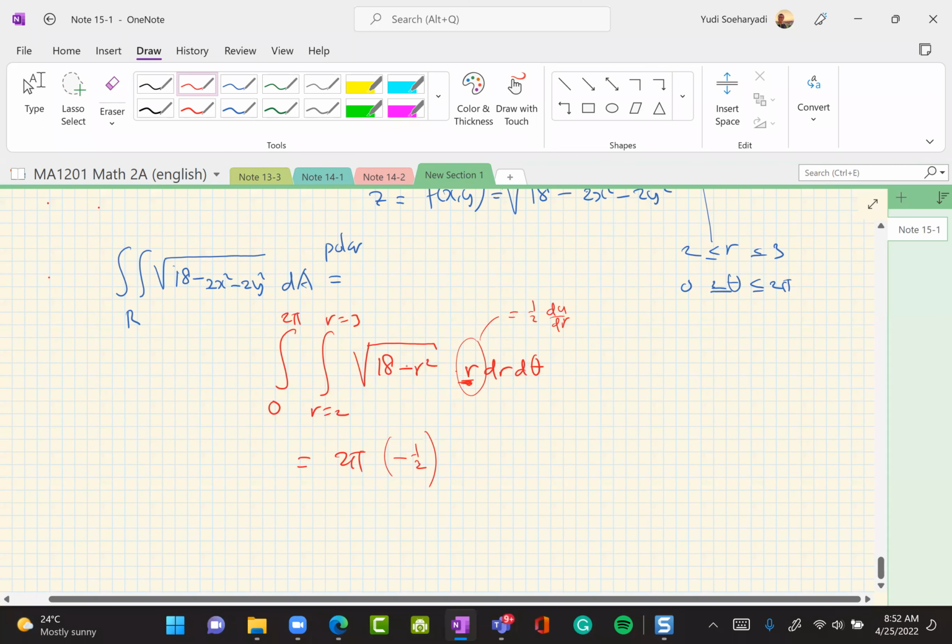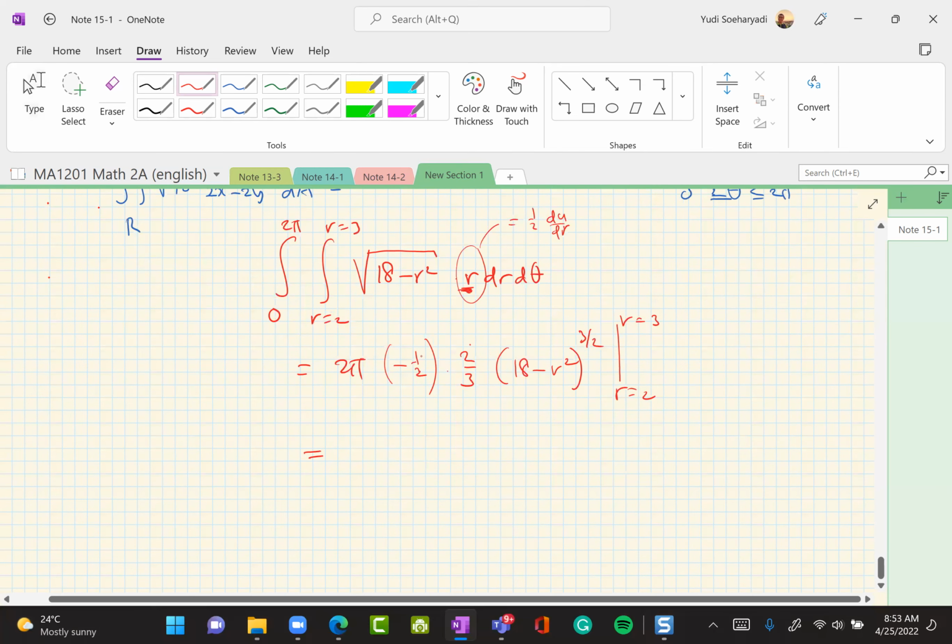Because of the power 1/2, you integrate and it becomes power 3/2, and 1 over 3/2 is 2/3. And you plug in r equals 2 and r equals 3.